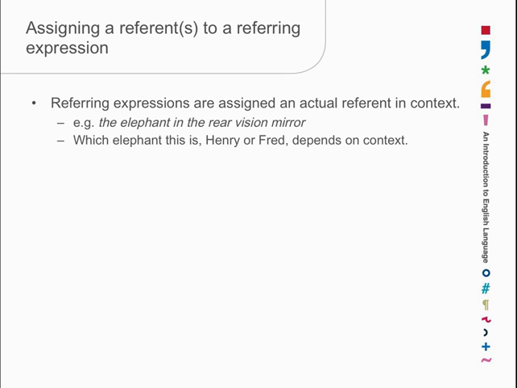Well, which elephant is this? Depending on where we are and whether elephants have names or not in this particular part of the world, it might be Henry or Fred, and that would depend on the context. So the specific referent, Henry the very large elderly elephant, or Fred the young frisky relatively new elephant, well, which one it is depends on the context.